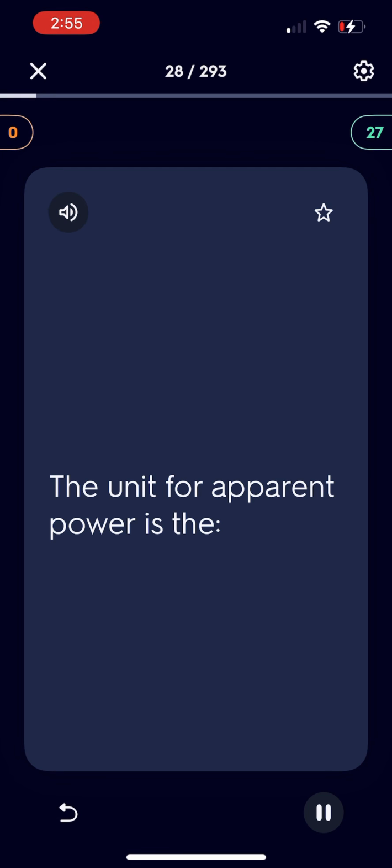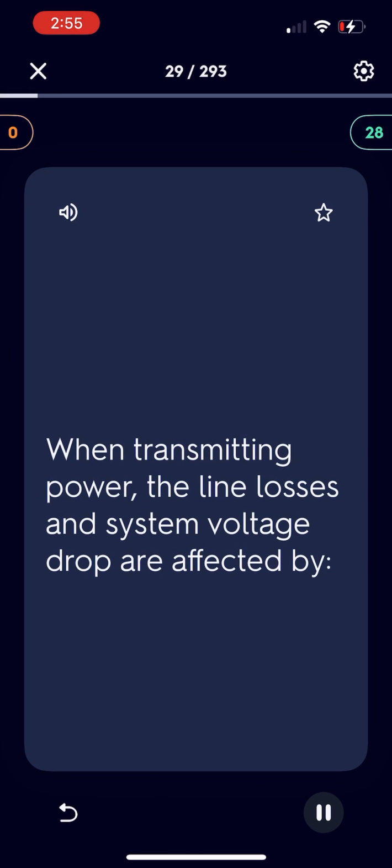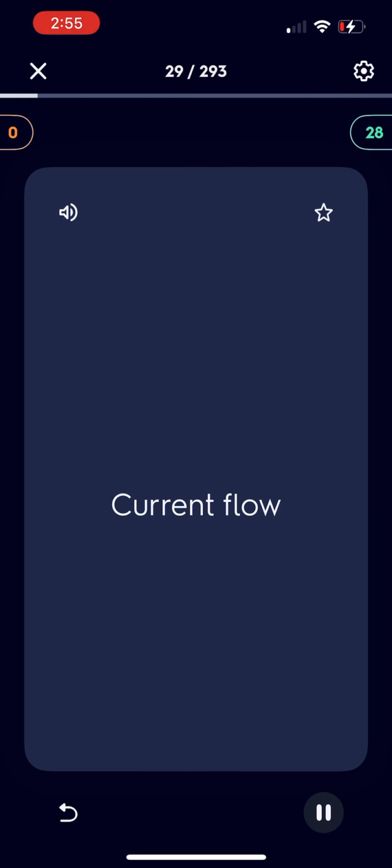The unit for apparent power is the VA. When transmitting power, the line losses and system voltage drop are affected by current flow.